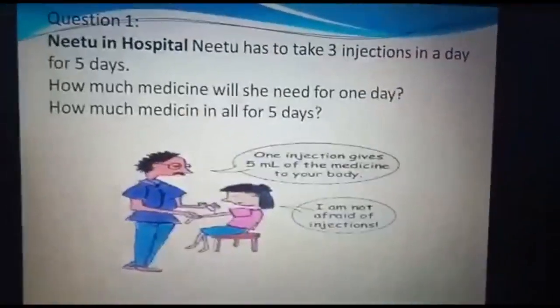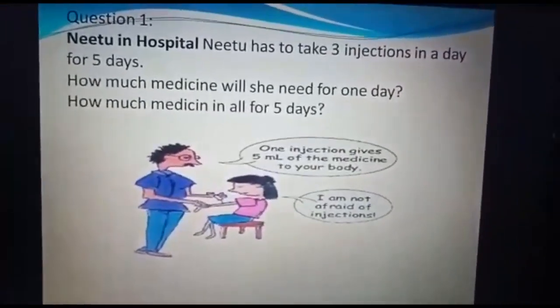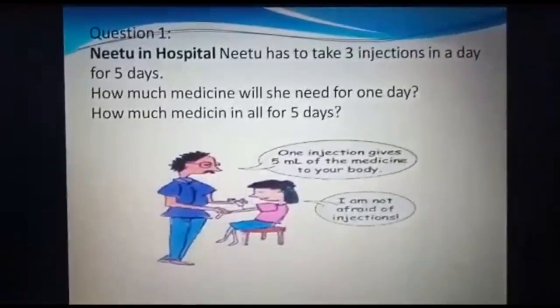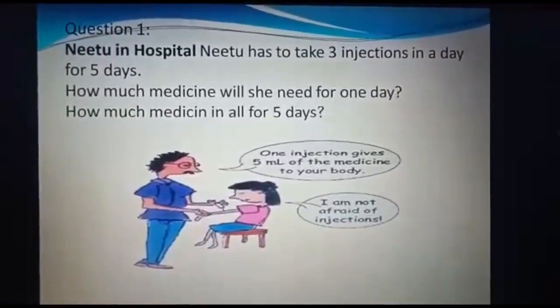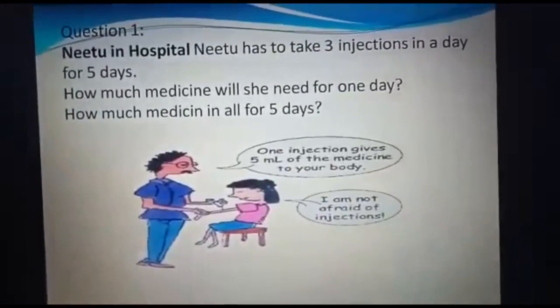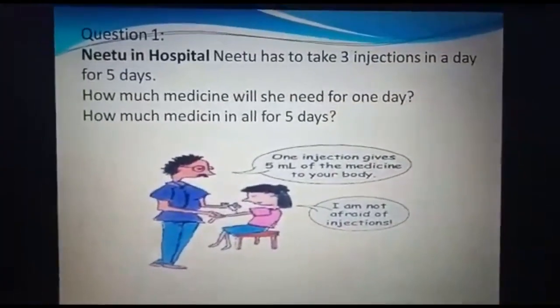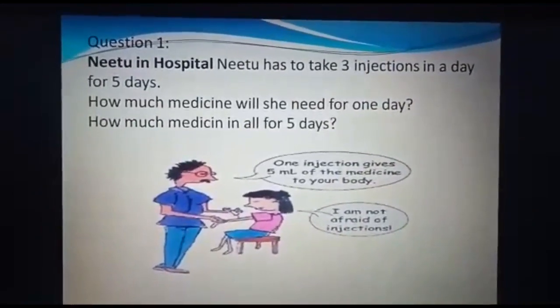Now question number 1. Neetu in hospital. Neetu has to take 3 injections in a day for 5 days. How much medicine will she need for 1 day? How much medicine in all 5 days? This is the question.